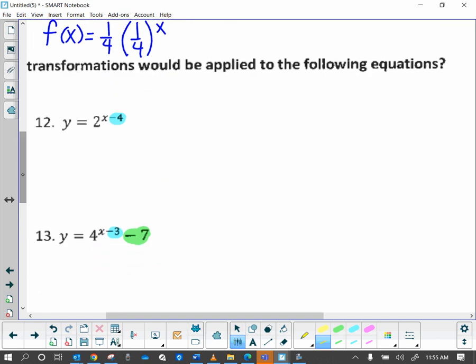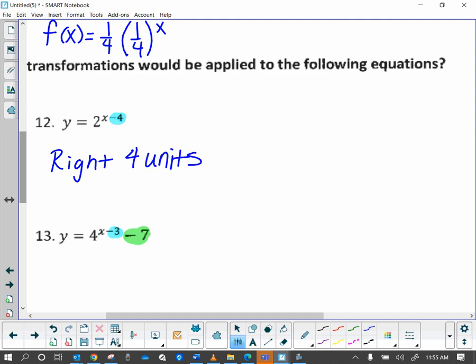All right, look at number 12. Y equals 2 to the x minus 4. What does that minus 4 with the x do to the graph? What does it do? Moves it? How? Right? How many units? 4 units. Thank you.